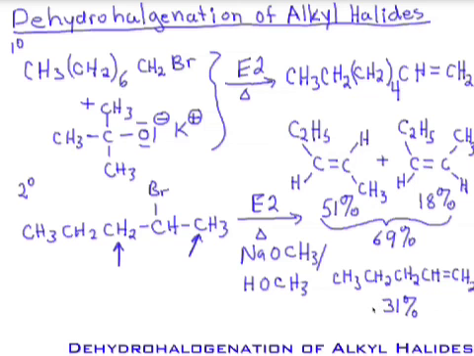All right. Also going E2 is tertiary alkyl halides. So if you take tert-butyl bromide, just like we did with tert-butyl alcohol, of course we don't require protonation because we've already got a good leaving group.